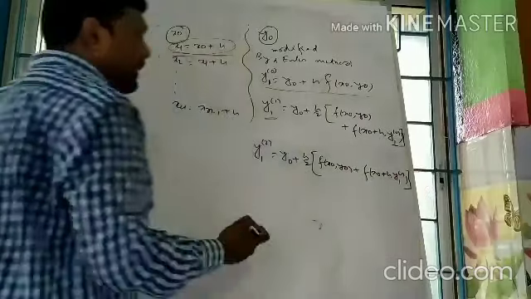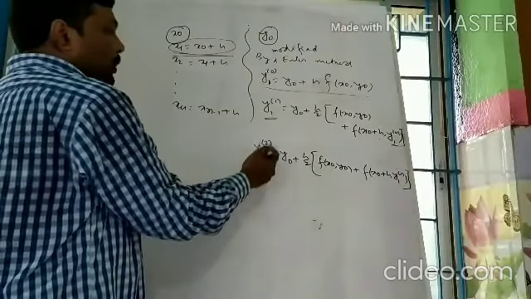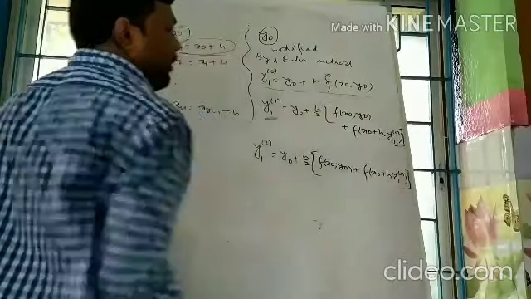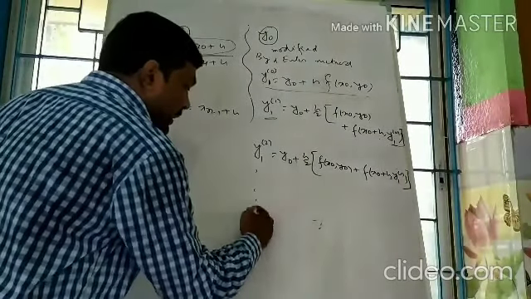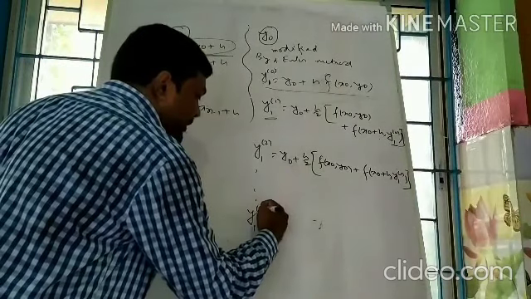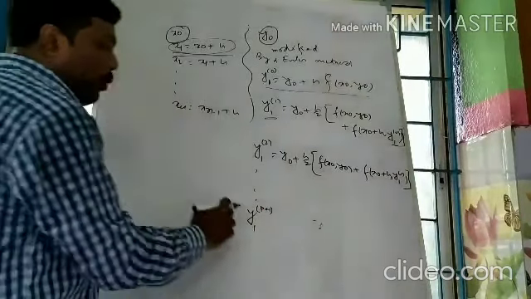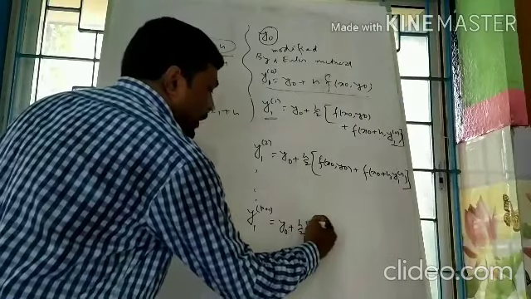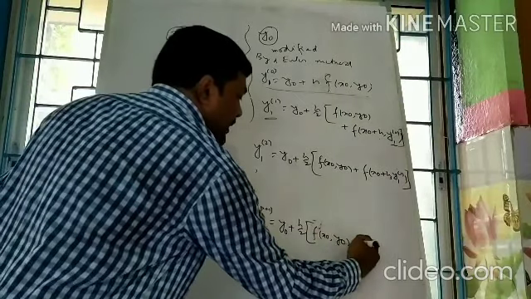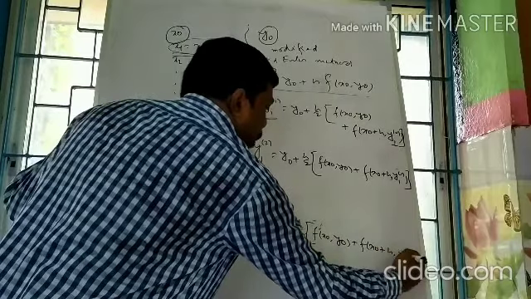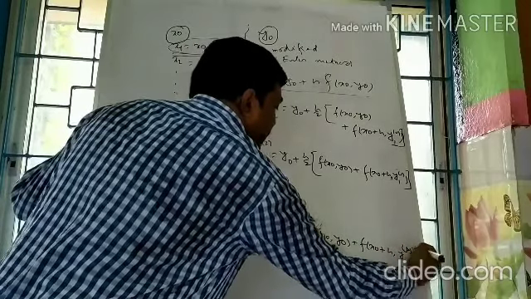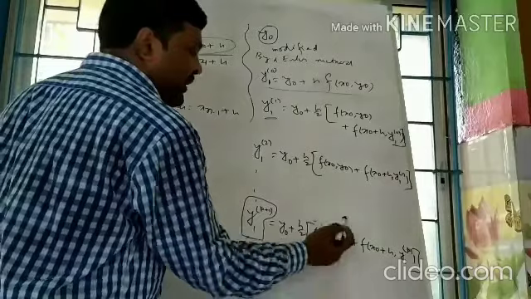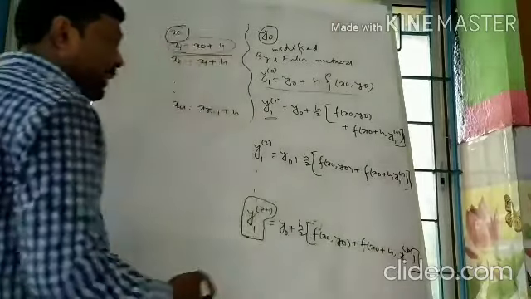Continue this process. Suppose the (p+1)th approximation of y1 is y1(p+1), which equals y0 plus h by 2 times [f of x0, y0 plus f of x0 plus h, y1(p)]. Continue this process.